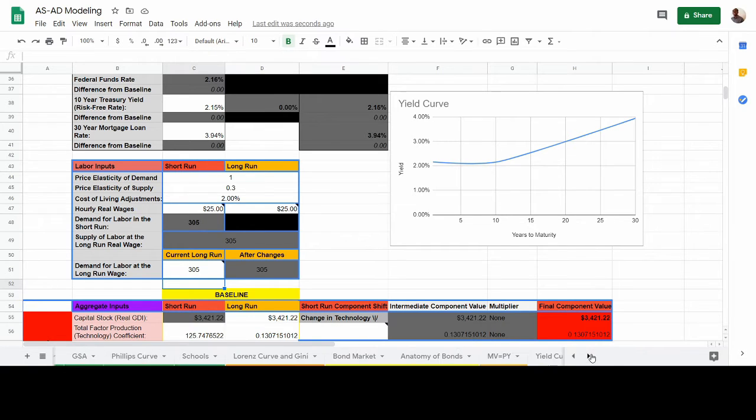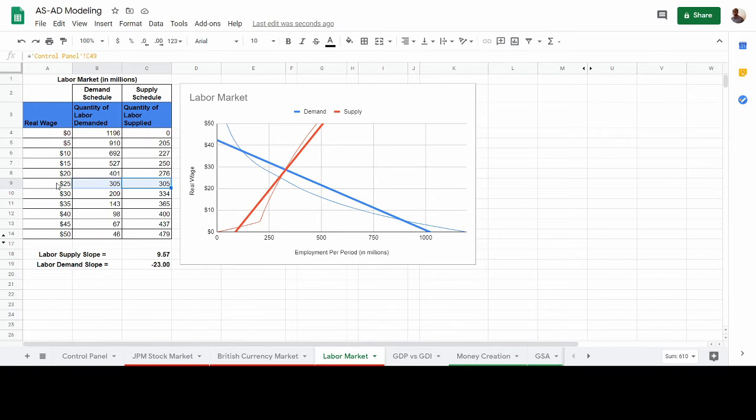So let's go first over to our labor market just to make sure that we have made this change carry through correctly. We can see that yes, our labor market now, hypothetically at a real wage of $25 an hour, sustains 305 million people. Let's see how that impacts our APF.